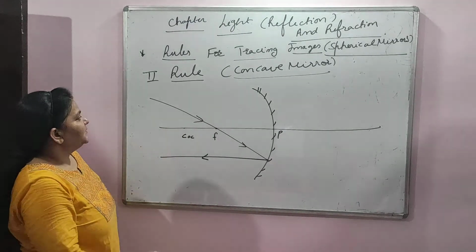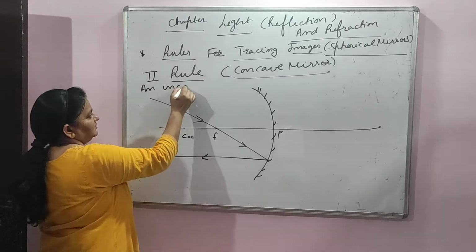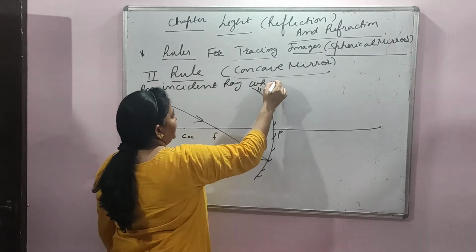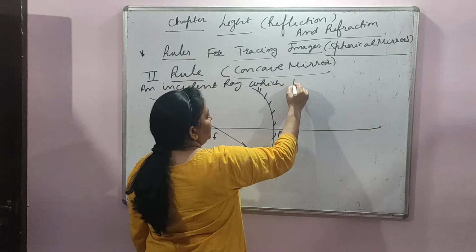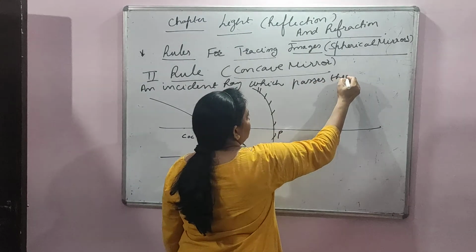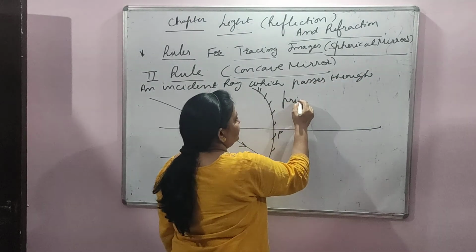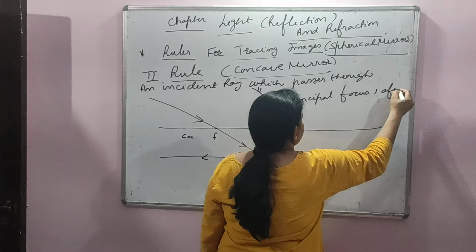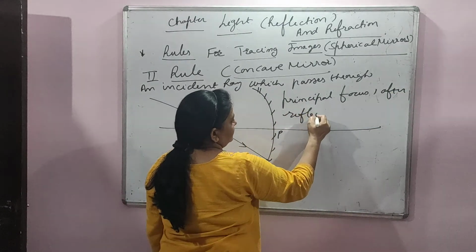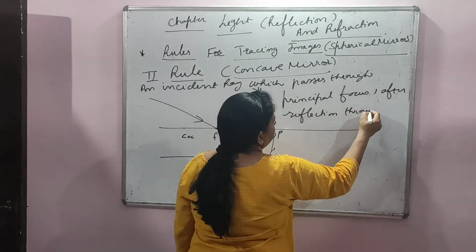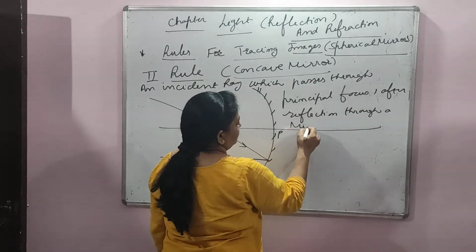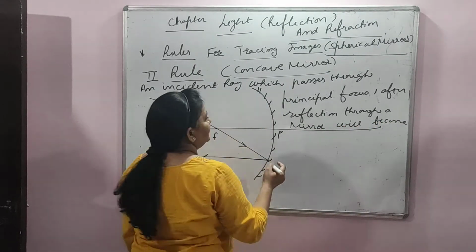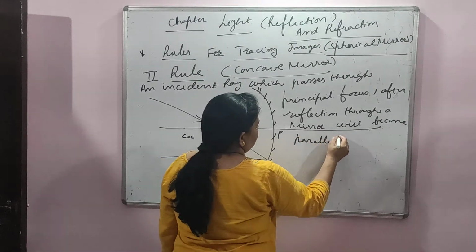Again, what is the second rule? An incident ray which passes through the principal focus, after reflection from a mirror will become parallel to the principal axis.